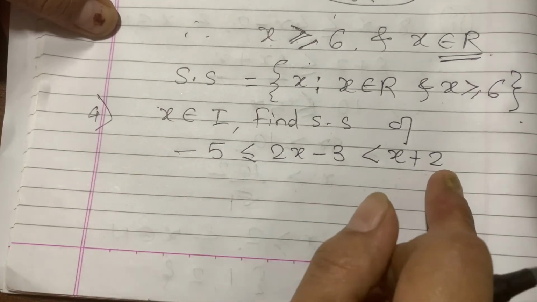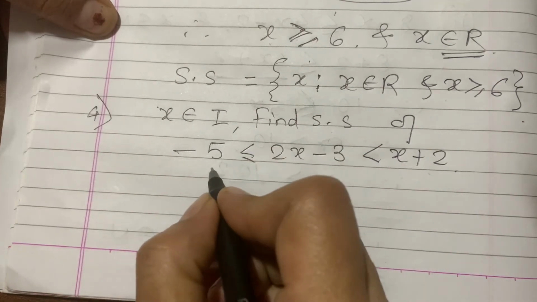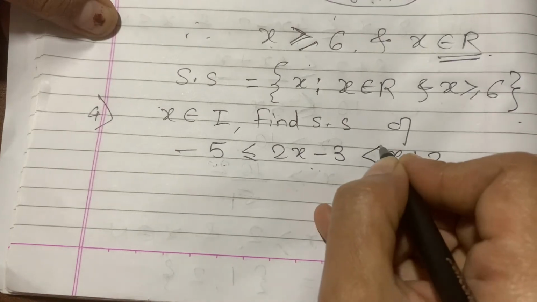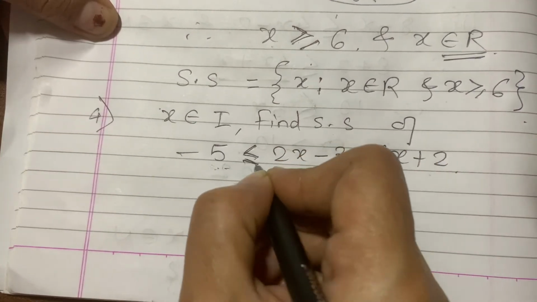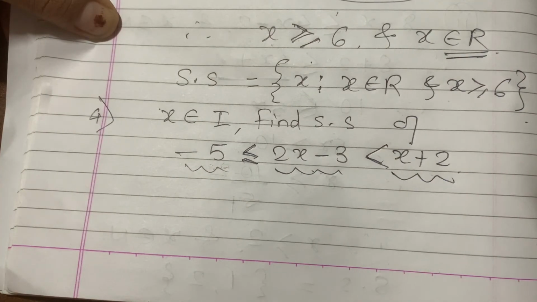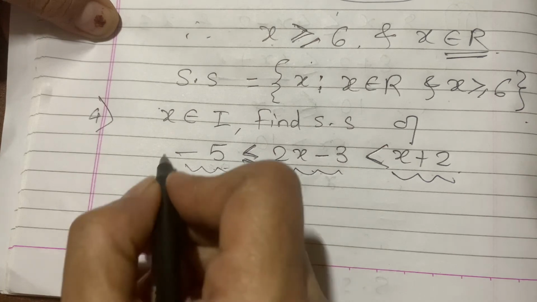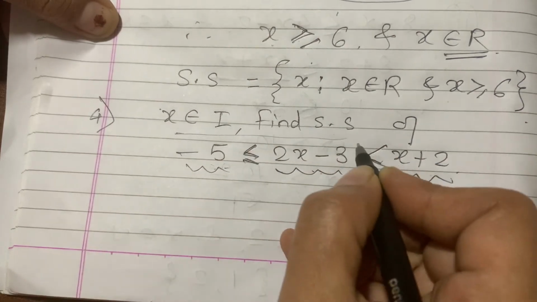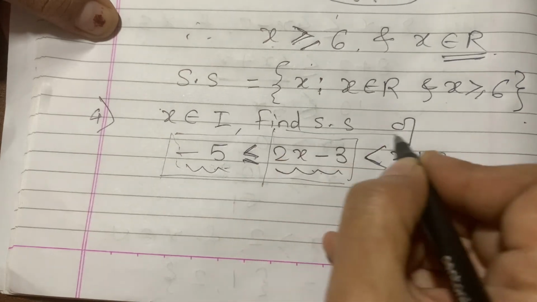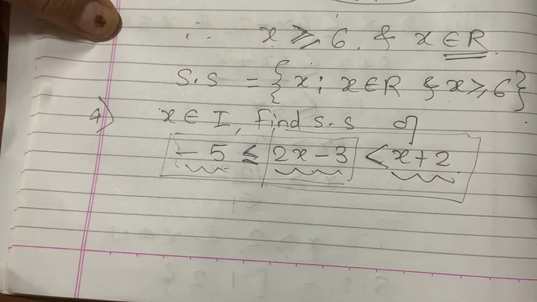Now how to find the solution set of this? Because this is nothing but a linear inequation. But in this, how many terms are there? 1, 2 and 3. So how to find the solution? While finding the solution, we'll consider first this inequation, and in the second case we'll consider this one.